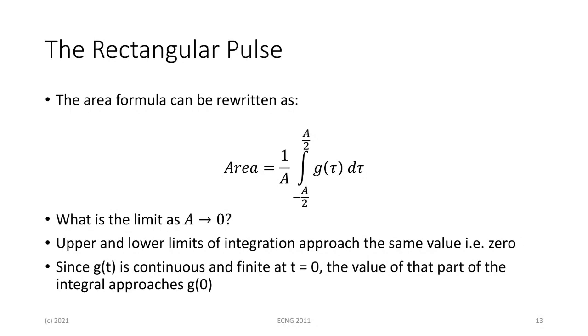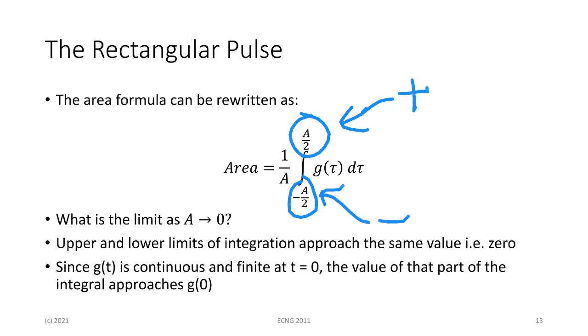The funny thing now is what happens as A goes to 0. As A gets smaller and smaller, both these limits here approach 0. This one is coming towards 0 from the positive side, and this one is approaching 0 from the negative side.